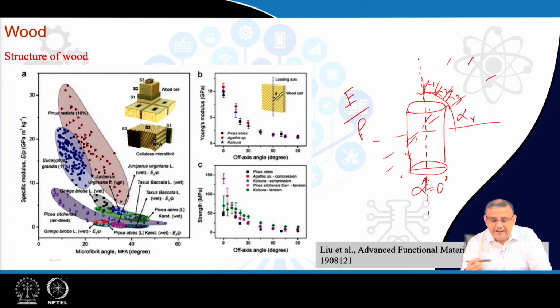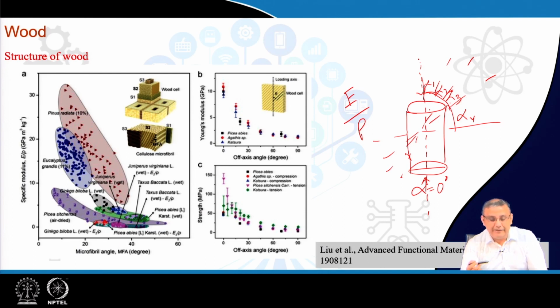The effect of this tilt, or the change in the angle, on the strength and stiffness is shown in this slide. As you can see, in all cases, as we increase the angle, that means as the orientation of the wood is changed from its vertical orientation to more off axis or tilted orientation, the properties continuously decrease.